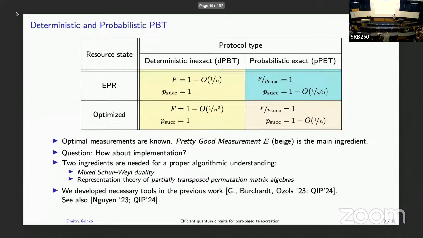In this talk, I won't have time to properly explain those concepts, and I will refer you to our previous work, which was presented at QAP, where we described these two main ingredients, and also a relevant paper by Nguyen, who also described the mixed Schur-Weil duality ingredient, also at the same QAP.